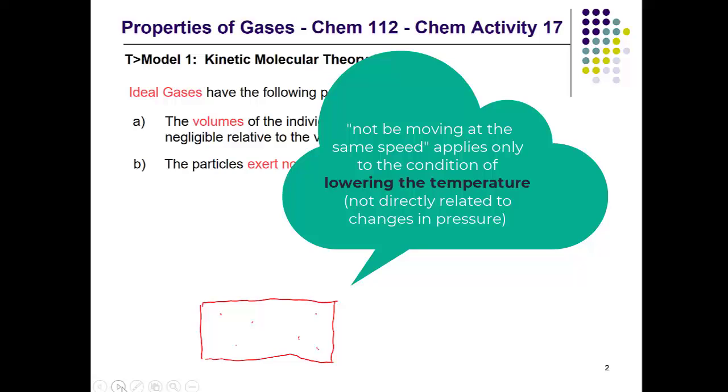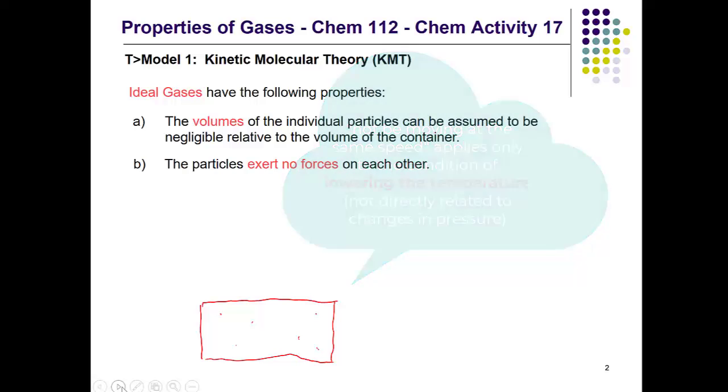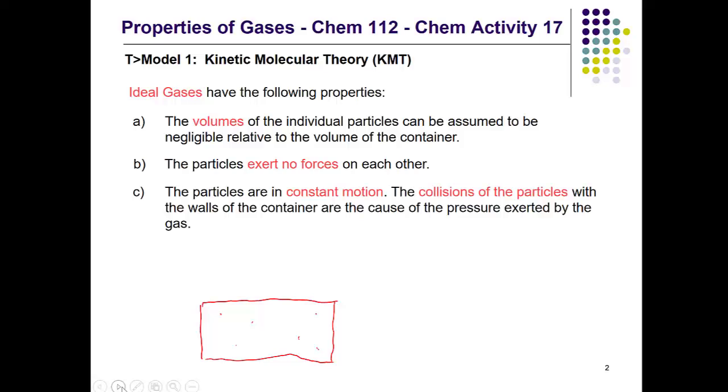Under those conditions, the gas will not be behaving ideally. In fact, you may be thinking the gas is starting to look more like a liquid. If you bring the particles closer together, they start to be attracted to or repelled by one another, and the volume of the particle starts to be significant relative to the size of the container. Then these gases are not going to be ideal.